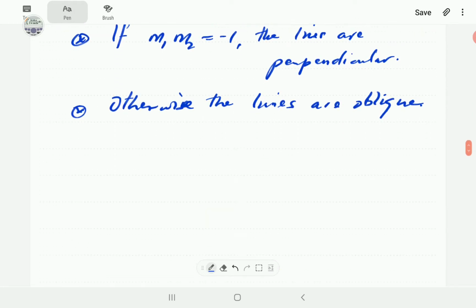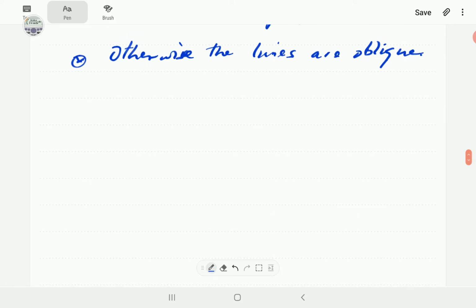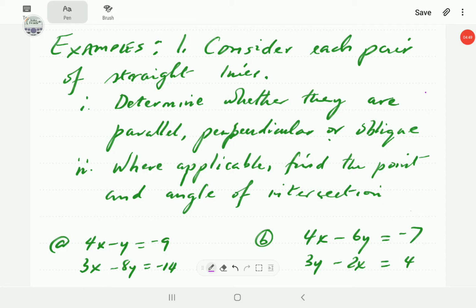So let's now look at some examples. In these examples, we're going to be given a pair of straight lines. Then we are going to determine whether they are parallel, perpendicular, or oblique.